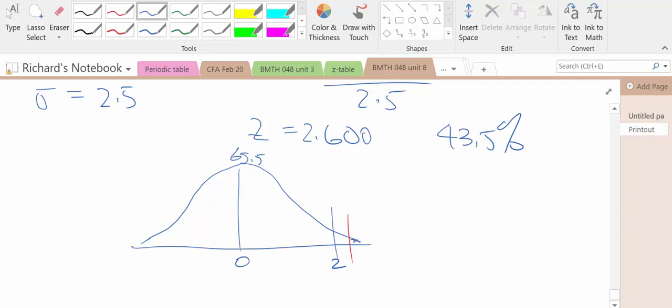There's a cutoff right there. That's 2.60 standard deviations above the mean. Well, that means from her Z-score, she's taller than 43.5% of the females above the mean value. So I'm going to shade that in carefully. And so this is 43.5% of the females above the mean.